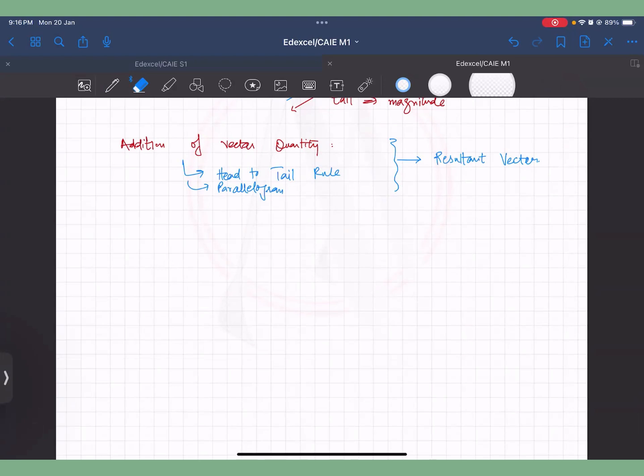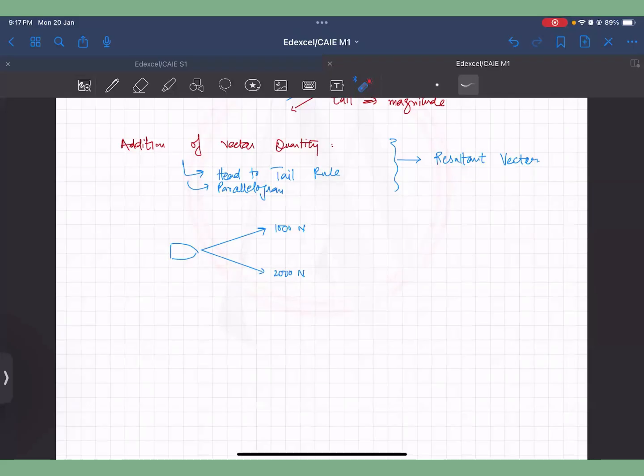For example, there is a boat, and this boat is being pulled by another boat from here and then another boat from here. Let's suppose with 1000 Newton from here and 2000 Newton from here. Definitely the boat would not start moving in this direction, nor in this direction.